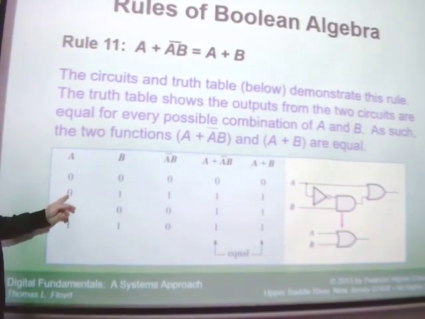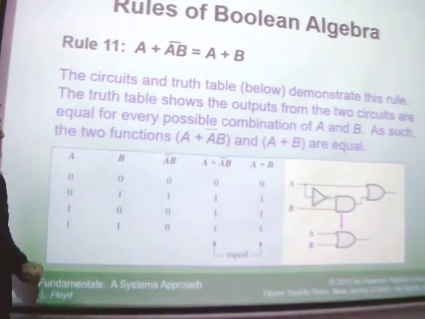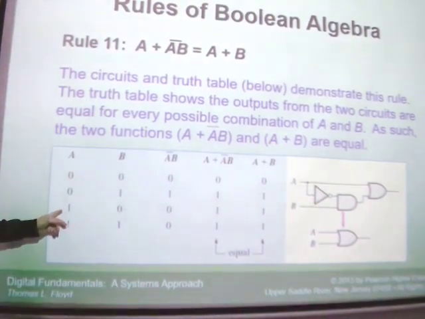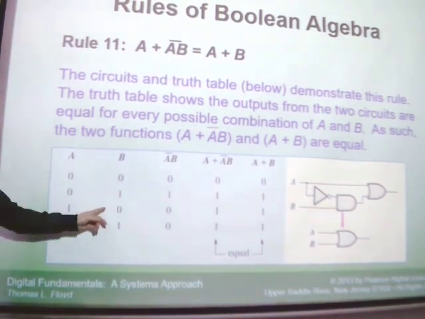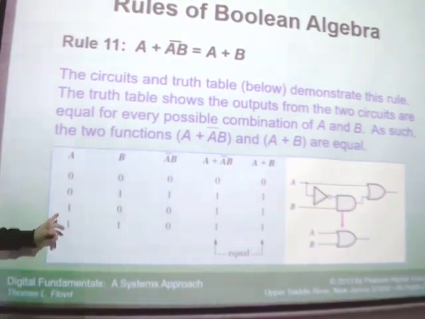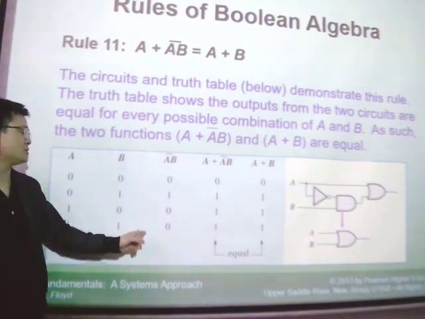A is 0, A over bar equals 1, so 1 and 1 equals 1. Then A equals 1, so A over bar equals 0. 0 and 0 equals 0. A equals 1, so A over bar equals 0. 0 and 1 equals 0.